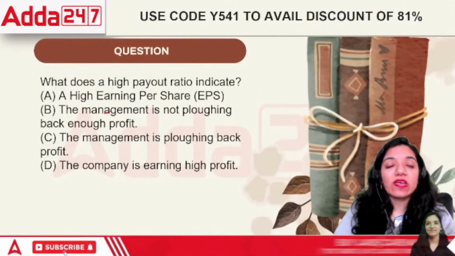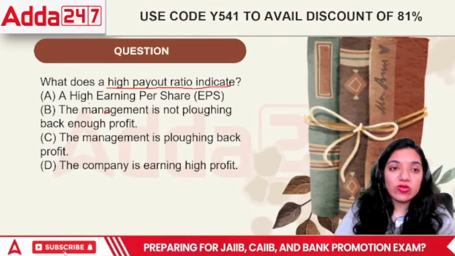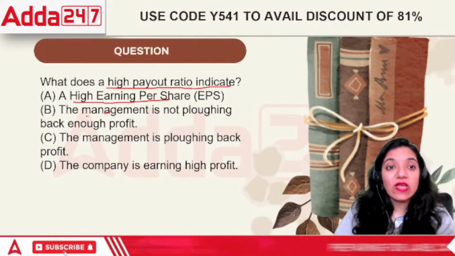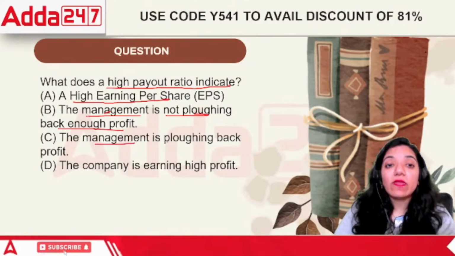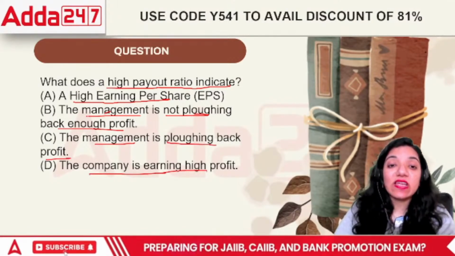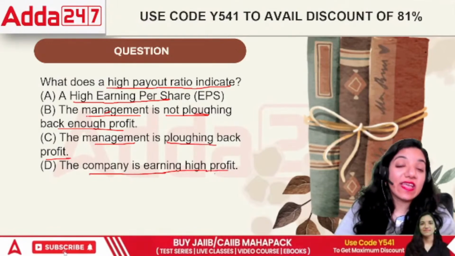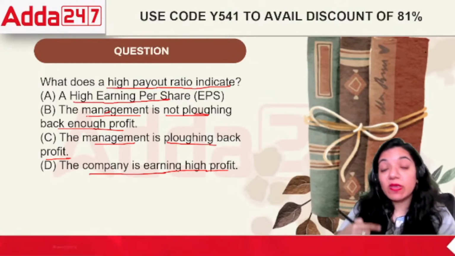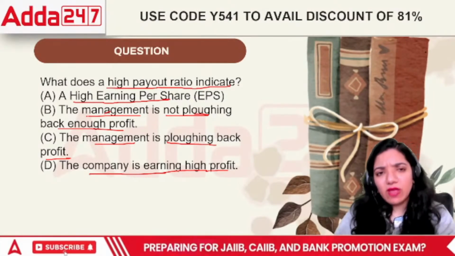Next is, what does a high payout ratio indicate? The options are: a high earning per share, the management is not plowing back enough profits, the management is plowing back the profits, or the company is earning high profit. A high payout ratio indicates that the organization is paying a good amount of money to the people, which means multiple things.